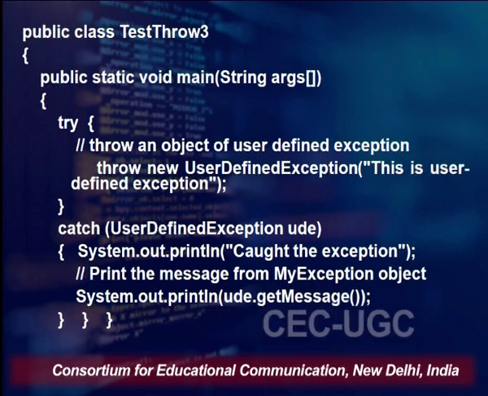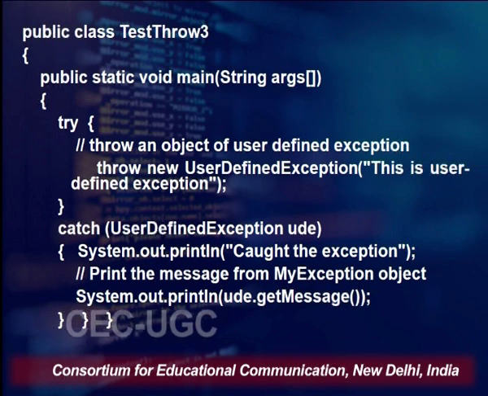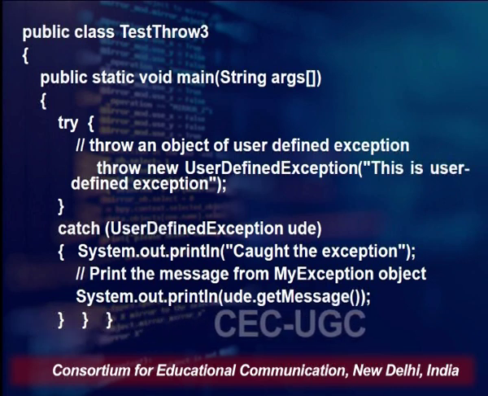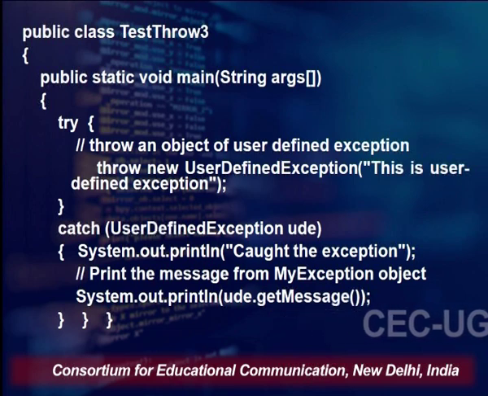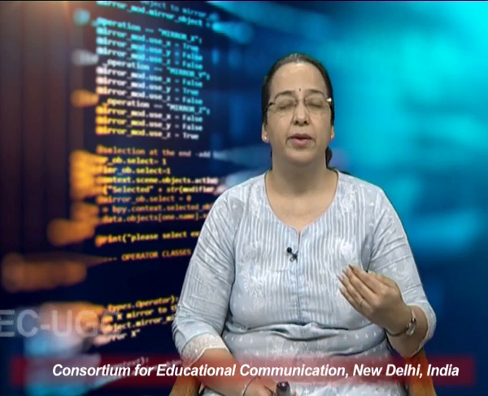We have written throw new UserDefinedException, and when the object is created, the constructor will be called, and within that constructor the string "this is user defined exception" will be assigned to str, and through the usage of super, the parent class exception is called.